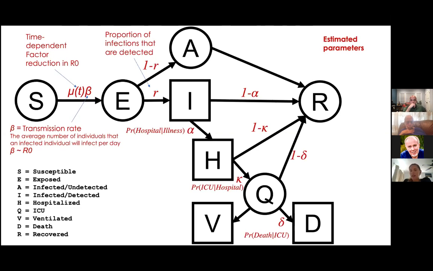This is directly proportional to R0. And so beta is actually one of the parameters that we estimate.